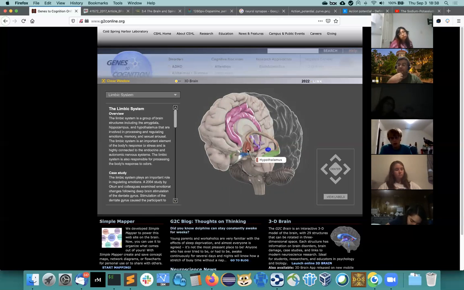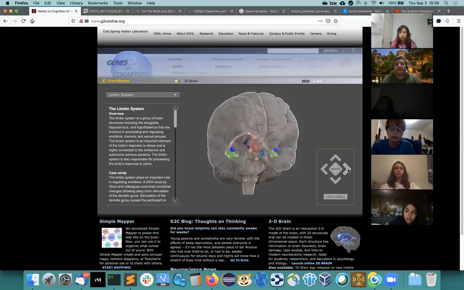It also controls the release of hormones, which we'll talk about later. But the hypothalamus is a very important part of our brain that controls all these basic functions. This is the part of the brain that I did research on when I was in graduate school a long time ago.